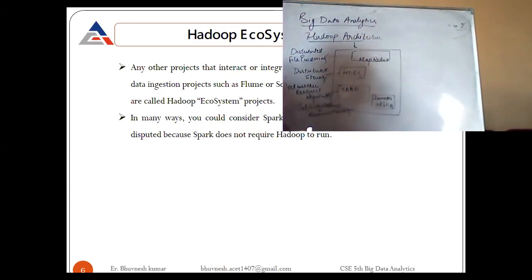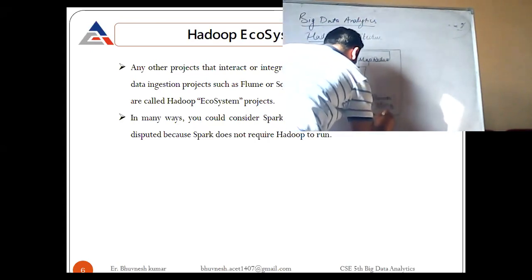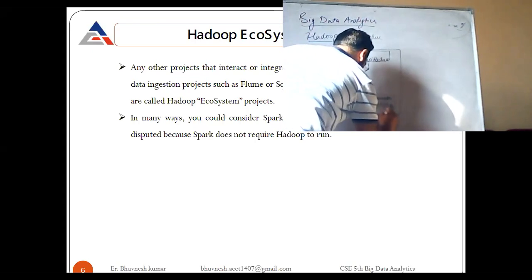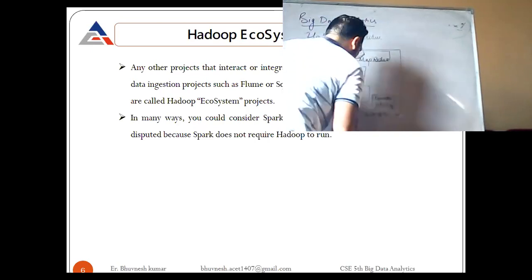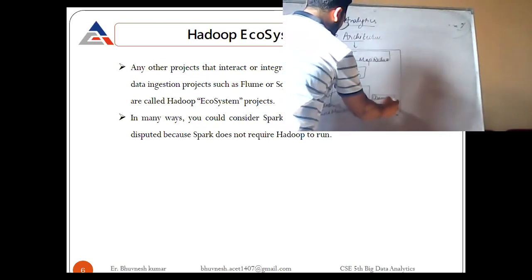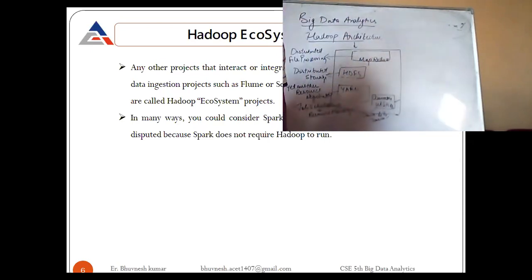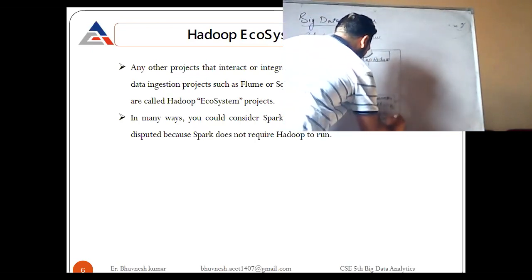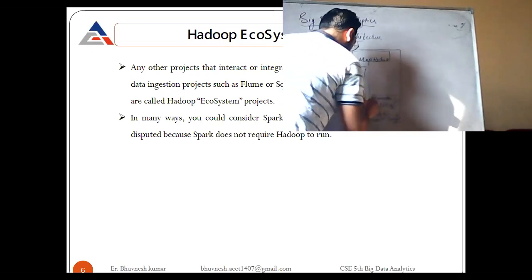Other common utilities are the Java utilities, or you can say the Java libraries come under common utilities, and JavaScript. All that comes under common utilities.